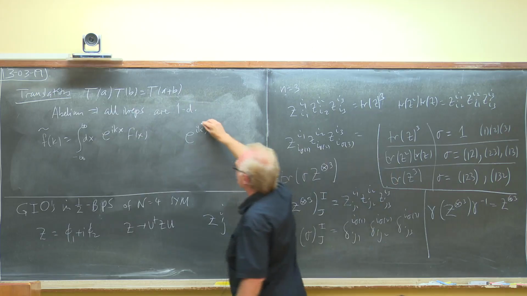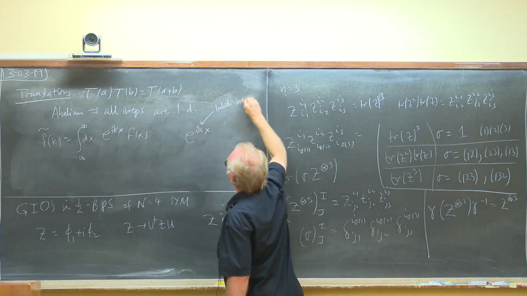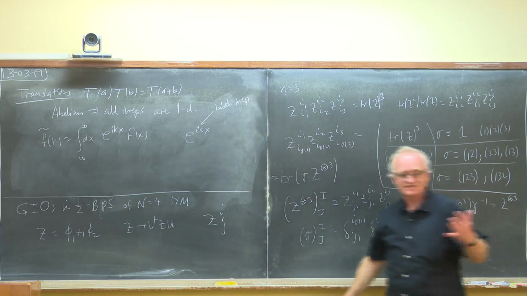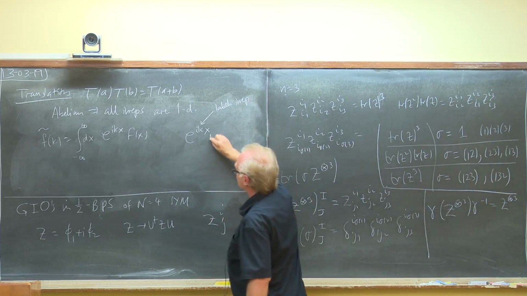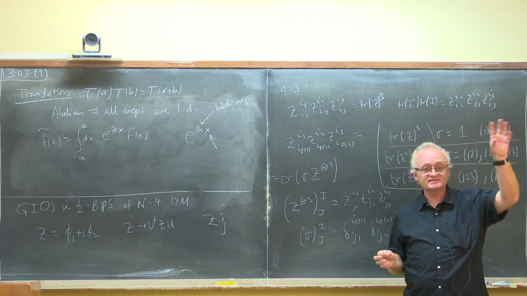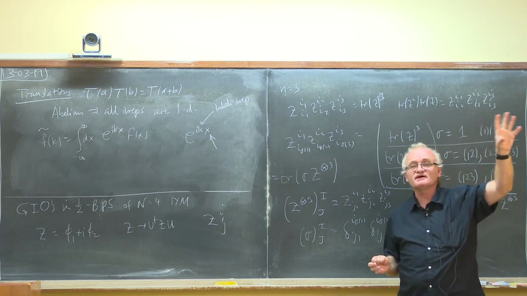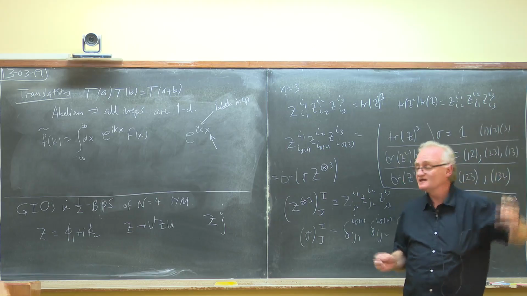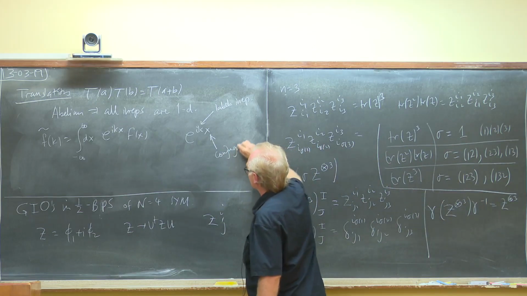Here, k labels the irreducible representation, so every k is a different irreducible representation. Because it's an abelian group, every conjugacy class has a single element. Sometimes when I talk about a group element, think of it as a conjugacy class or an element. Here you should think of it as a conjugacy class label.